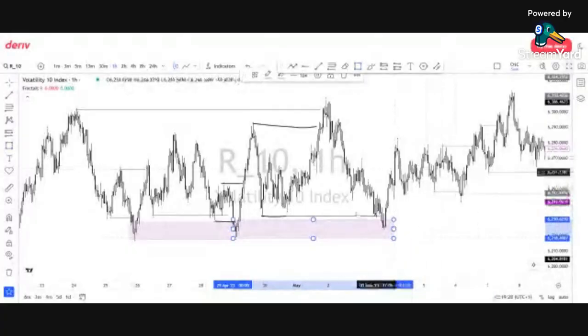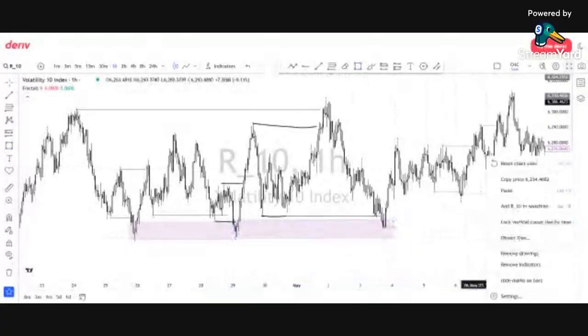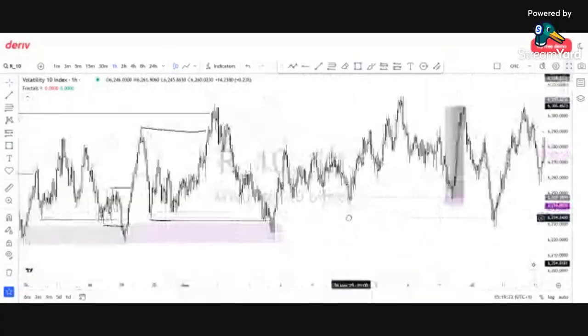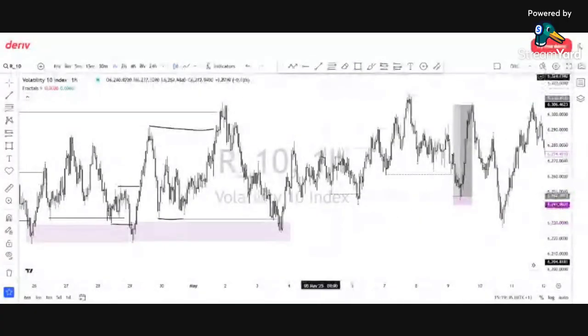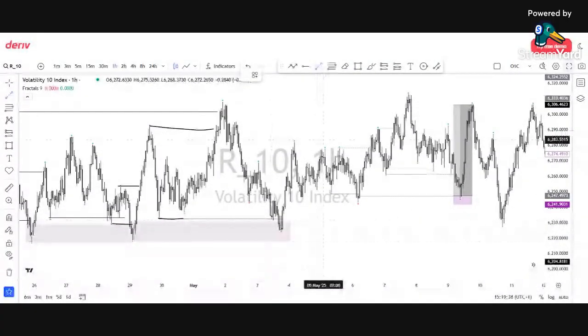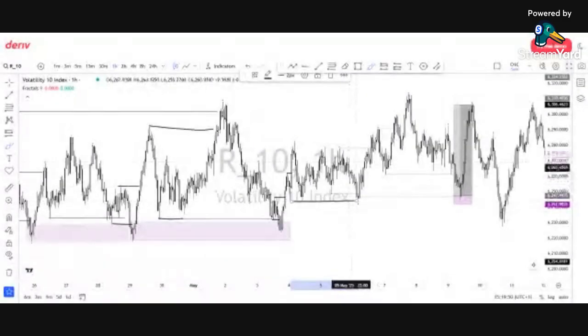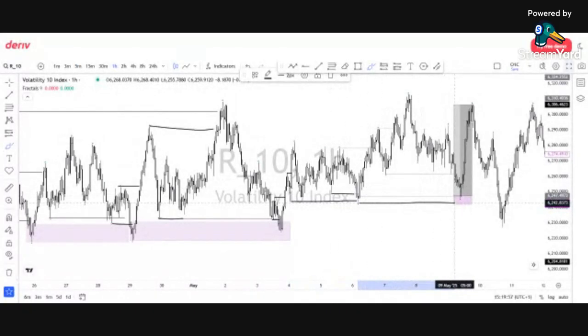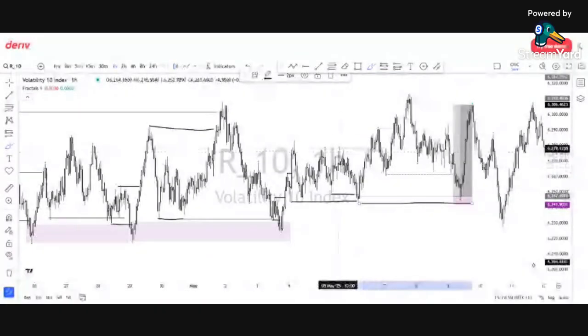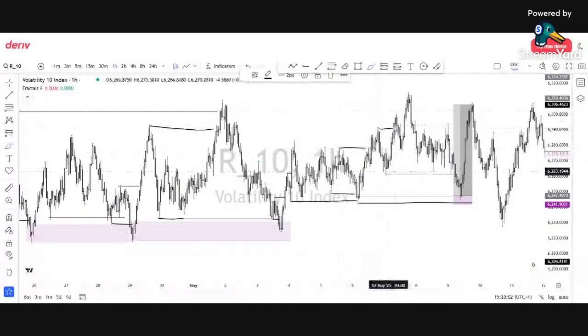Now, what did I see here? This was the trade. This was our sweep of the low. This was our break of structure. This was our second break of structure that gave us this structural liquidity. Price already took out that structural liquidity, giving us another strong low, and this as our structural liquidity again.